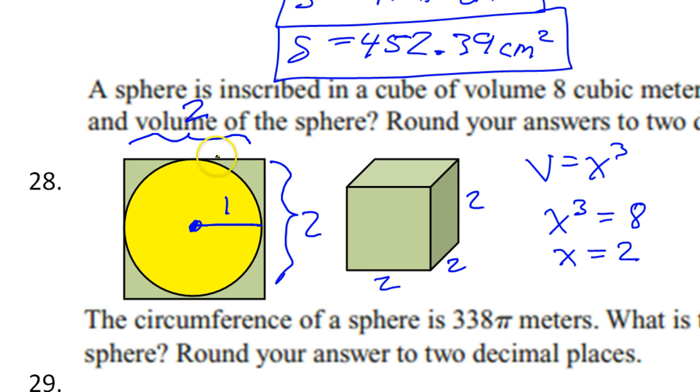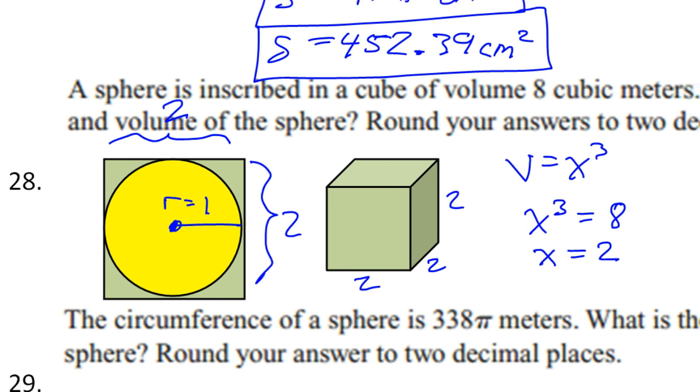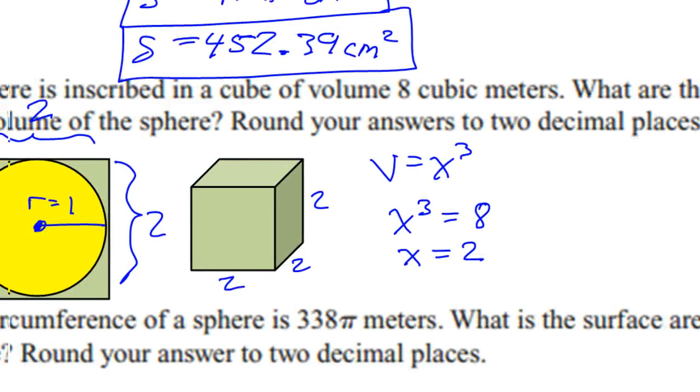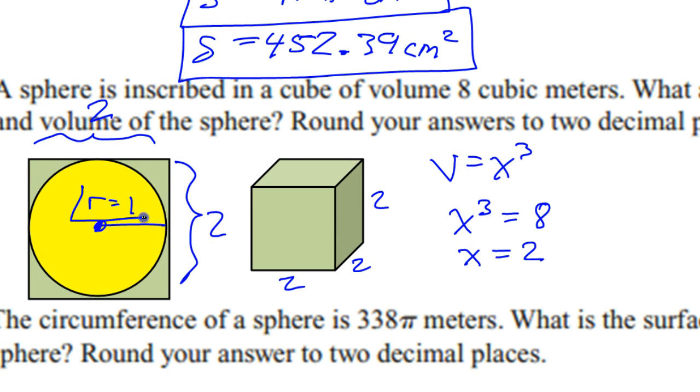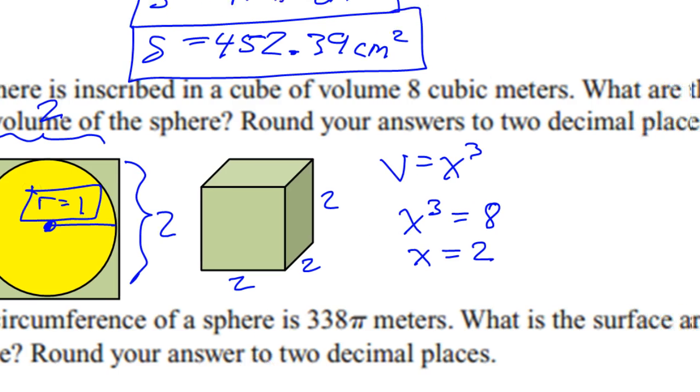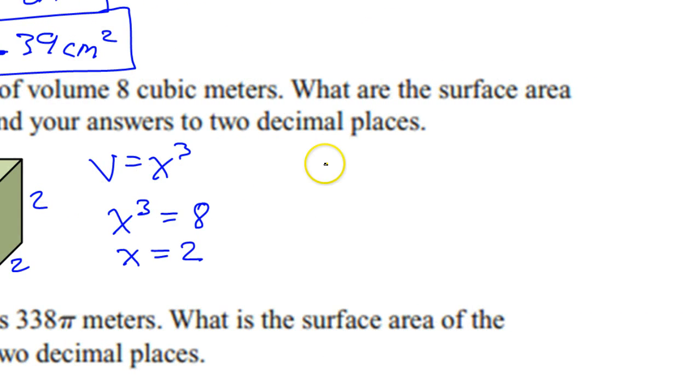Can you see that if the entire box is 2 across, that means the radius of my sphere must be 1? Okay, it's going to be halfway across. So now that I know my radius, I can calculate anything I want. I can calculate the volume and the surface area easily. So just keep in your mind that the radius is 1 meter.